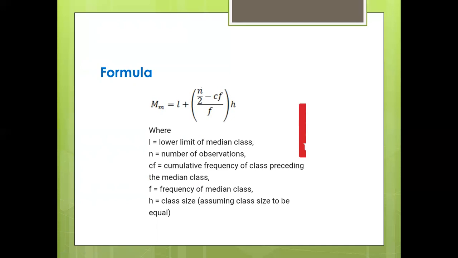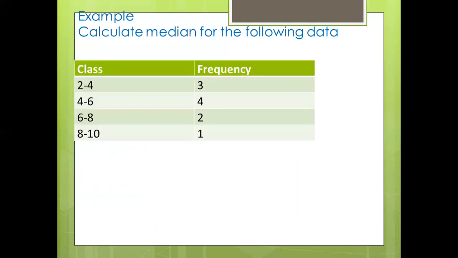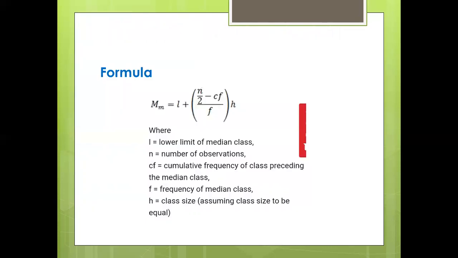Okay, we can see an example here. First example: calculate the median of the following data. Class interval is given: 2 to 4, 4 to 6, 6 to 8, 8 to 10. And the frequency is 3, 4, 2, 1. Okay, so first find the class interval.